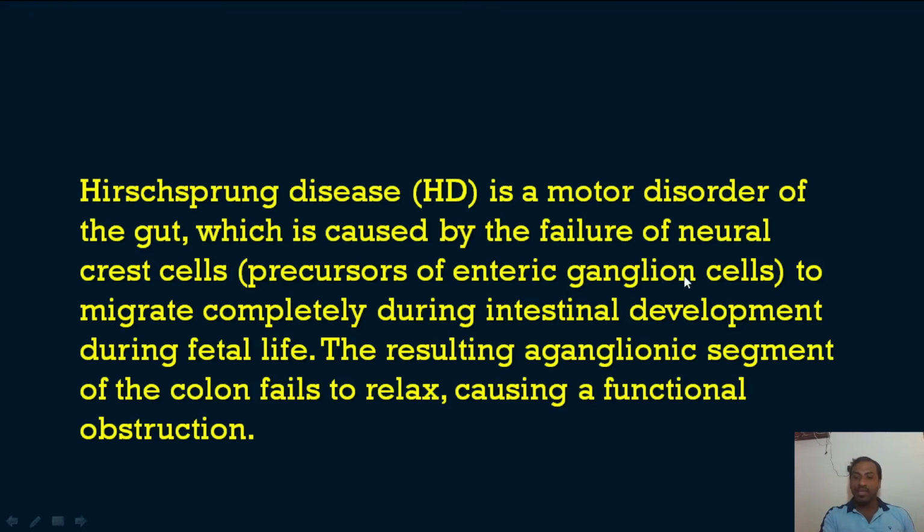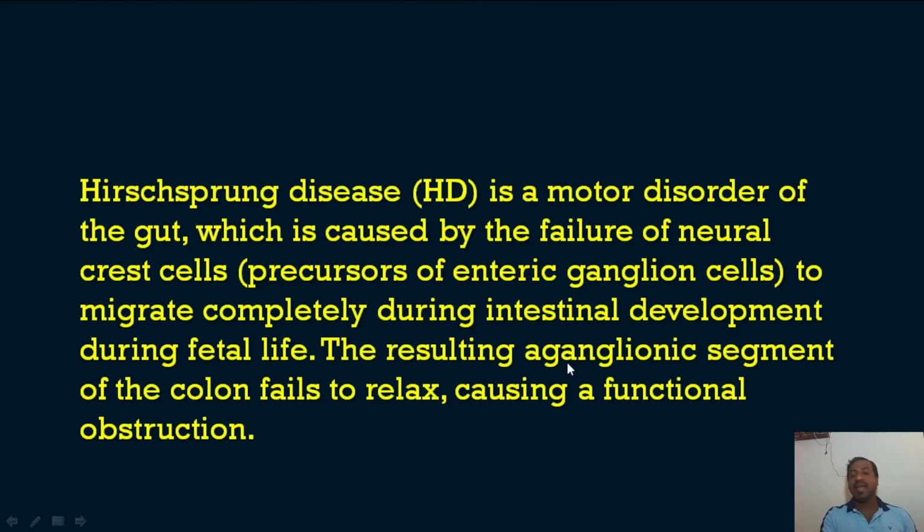So these ganglion cells are formed from where? They are formed from the neural crest cells. So in Hirschsprung's disease, there will be failure of migration of neural crest cells, which will result in improper development of the enteric ganglionic cells, and this happens during intestinal development during fetal life. So what will happen as a result?